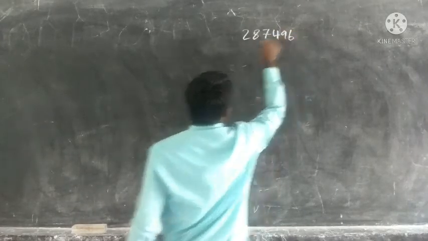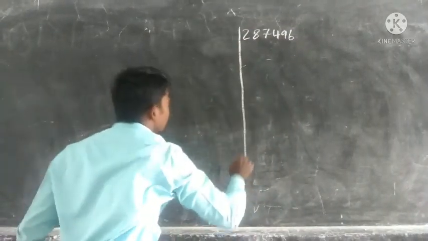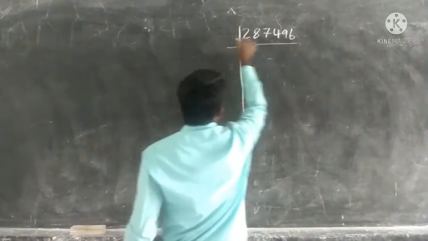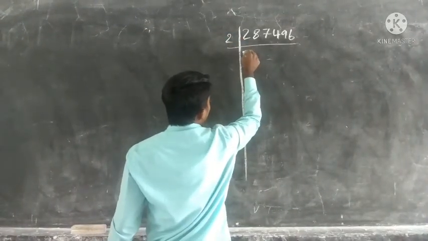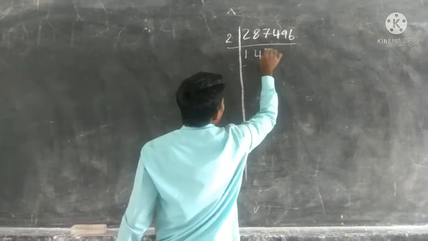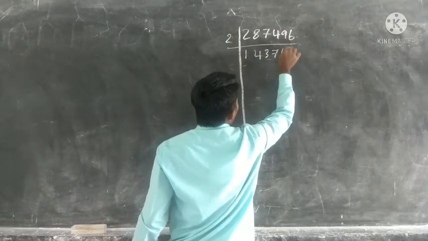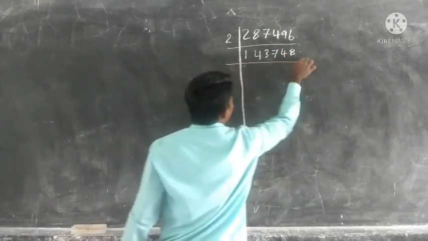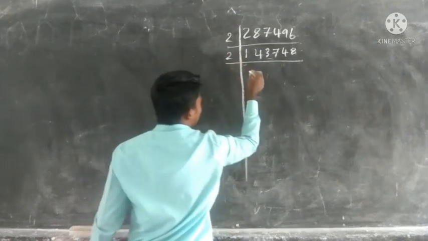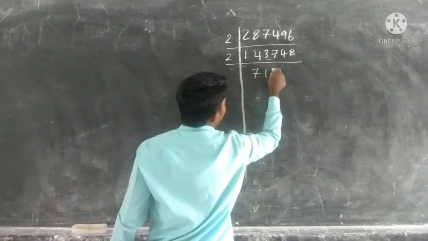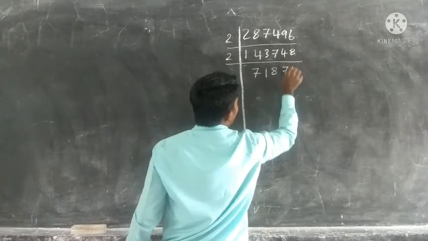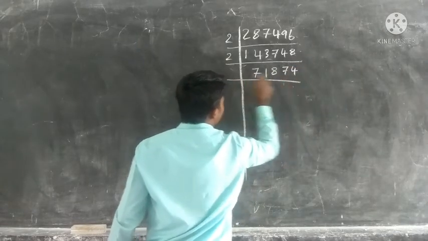2,87,496 can be divided by 2. We'll get 143,748. We can divide this number by 2. We will get 71874. We can divide this number by 2.